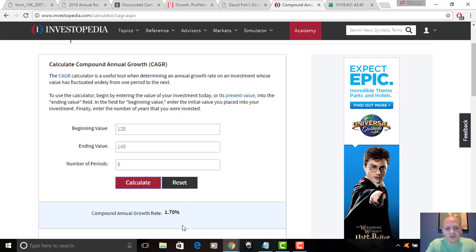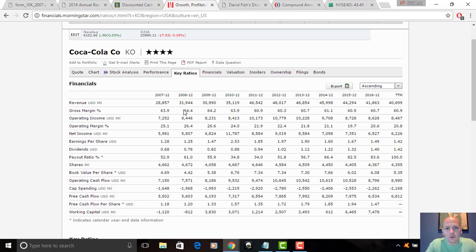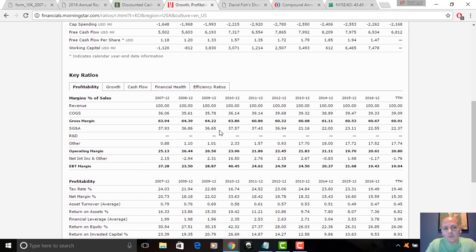With Coke, you actually see slower earnings per share growth relative to revenue growth. And the reason why, if we pop back in here, is you can see the margins compressing. Gross margin, you see compression there, 64 to about 61. And I use net margin because net margin is after everything's all said and done. After everything's factored into revenue and earnings per share, that's how much profit dropped down to the bottom line from revenue.